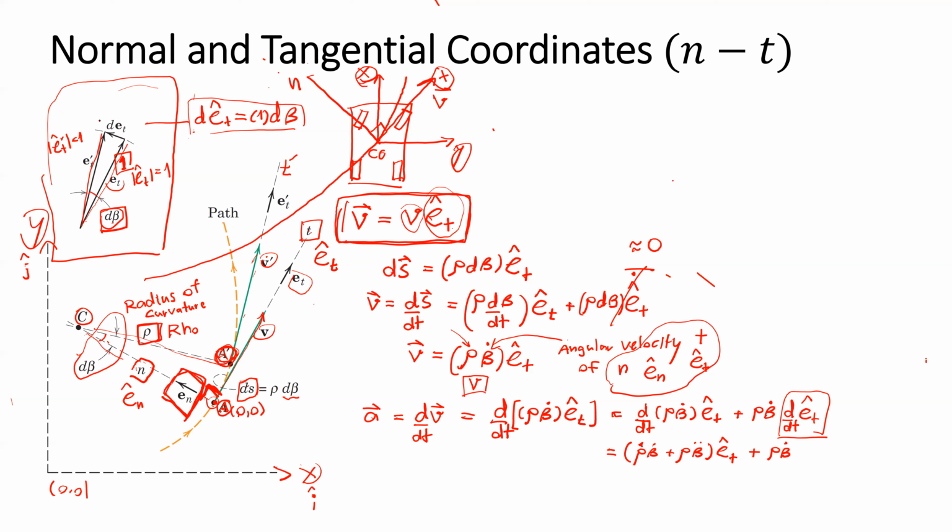And the magnitude of the de is equal to d beta. So if we consider this again, it seems like de is equal to 1 multiplied by d beta. So this will be d beta by dt with the direction to the normal direction, en.